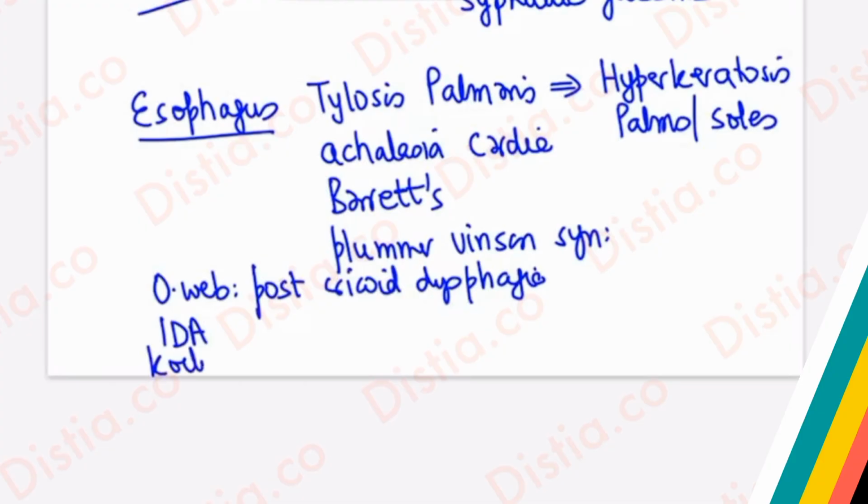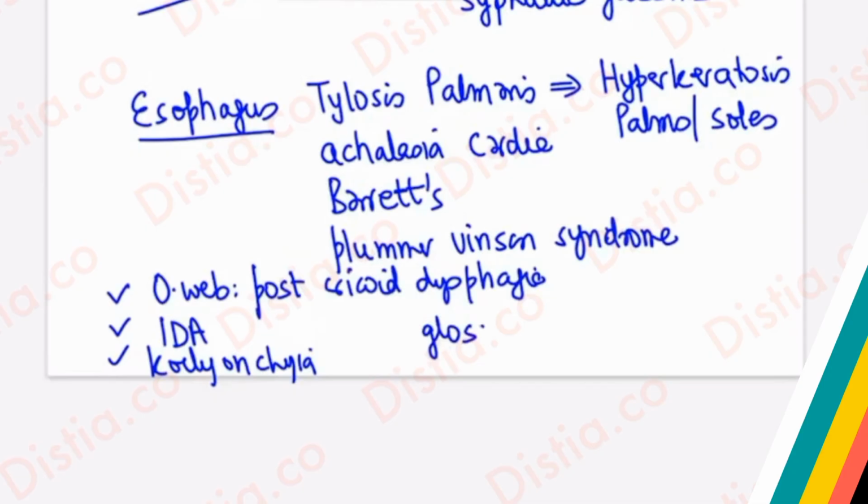Along with this, there can be iron deficiency anemia. Along with this, there can be coilonychia. So these are three features which are actually described in the triad for Plummer-Vinson syndrome. I also want to bring up a controversy here that in pathology they might say glossitis is a component of Plummer-Vinson syndrome, but at least most of the gastro books and Harrison does not mention about glossitis component.